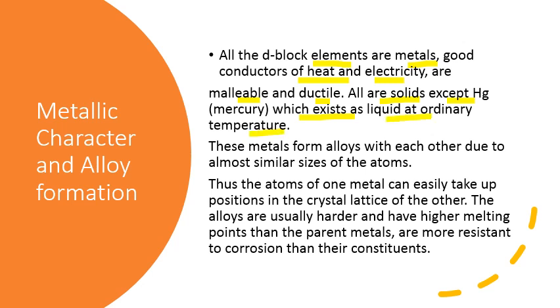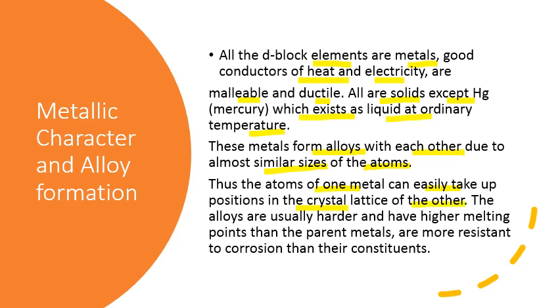So these metals can form alloys with each other or with non-metals due to almost similar sizes of the atoms. Thus, the atom of one metal can easily take up a position in the crystal lattice of the other.